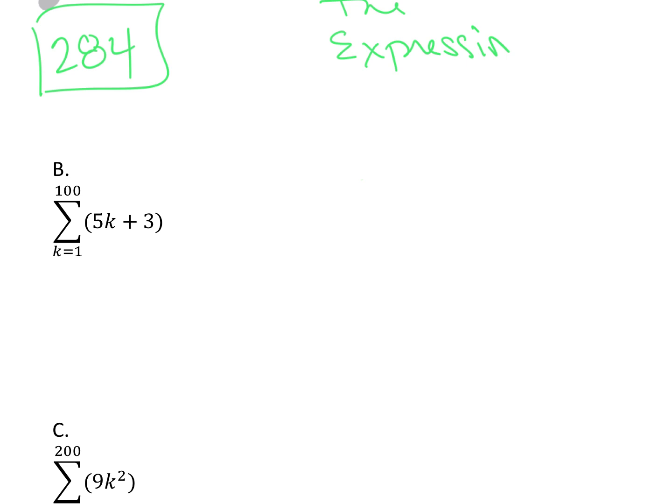Again, we go to math, hit 0, use the X button, and my bounds are from 1, arrow up to 100. In parentheses, I'm going to do 5 times X, because that's what's down there, plus 3. Get out of that by using your parentheses again, and then hit enter. And that gave us 25,500.